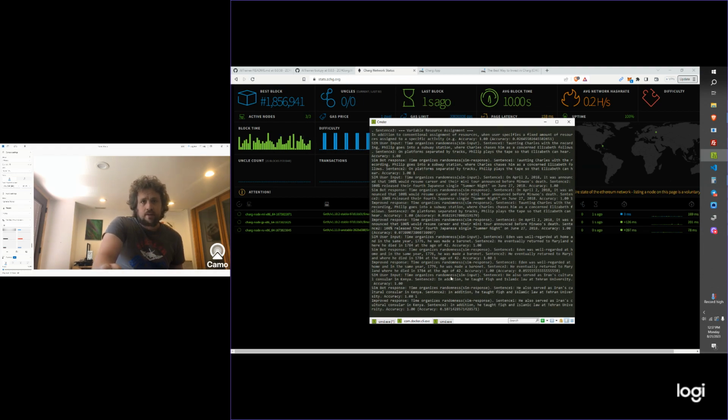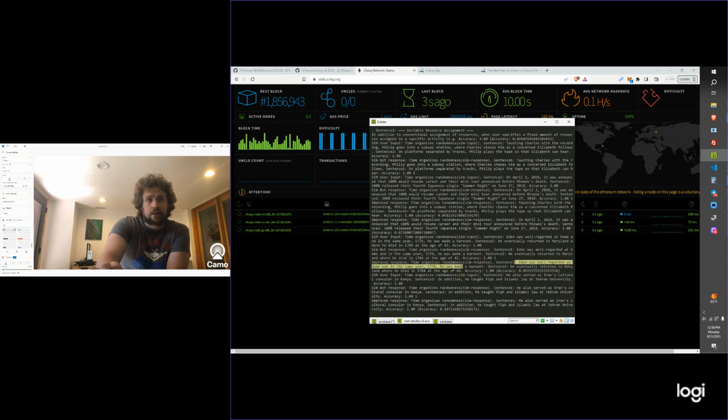In any case, pause it real quick. You can see the accuracy is 1 in reality, whereas the simulated accuracy, the improved accuracy, is not 0.5. Now remember, I just started this trainer. You were watching me start it, so it hasn't iterated through enough sentences. But you can see the first sentence, Eden was well regarded at yada yada yada, and then he eventually returned to Maryland, where he died in 1784. So it is, in fact, one sentence compared beside the exact correct sentence that would have been used by that structure.